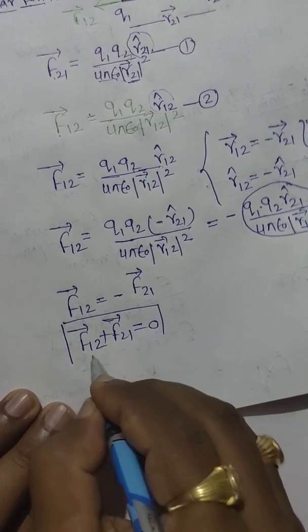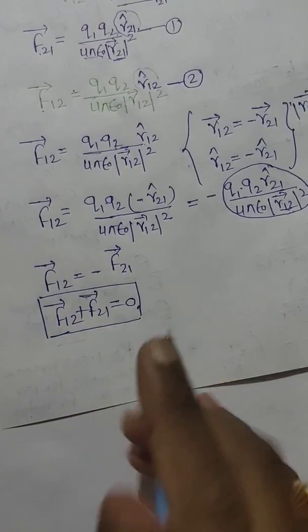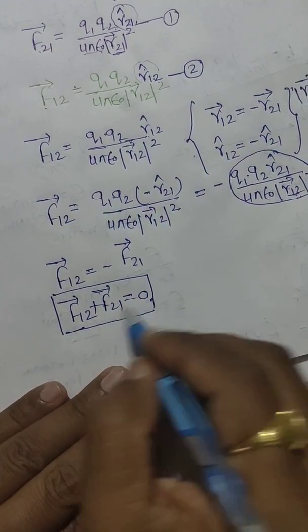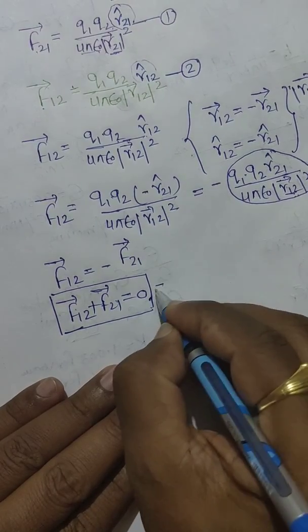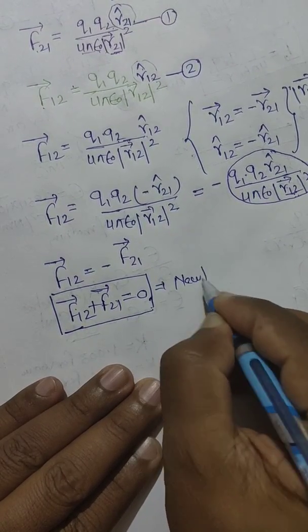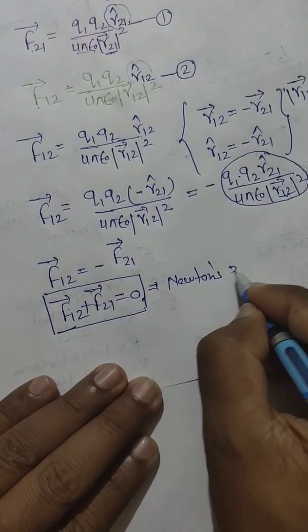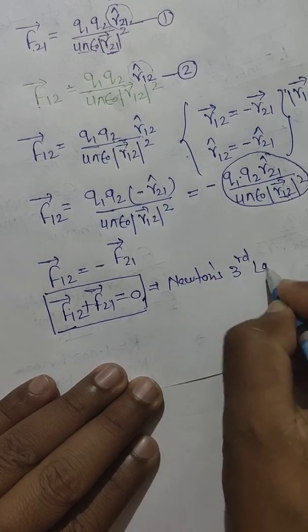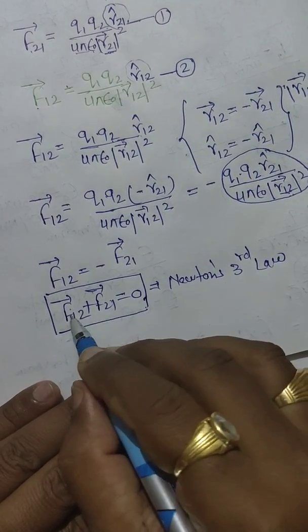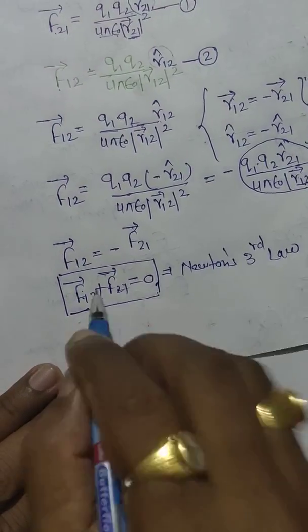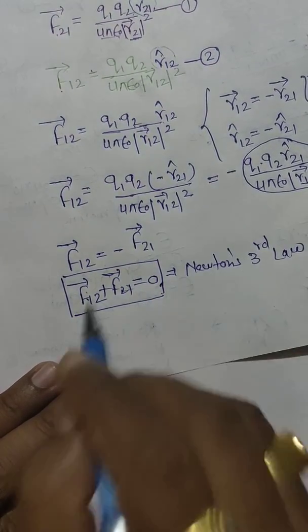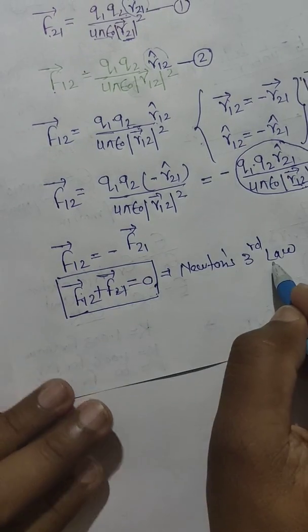Now we can say Coulomb's force, or the force between two charges, obeys Newton's third law. Every action has an equal and opposite reaction. It is a very important condition.